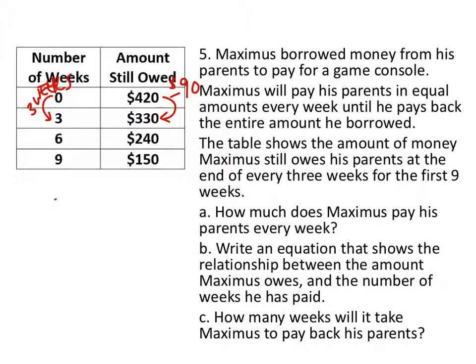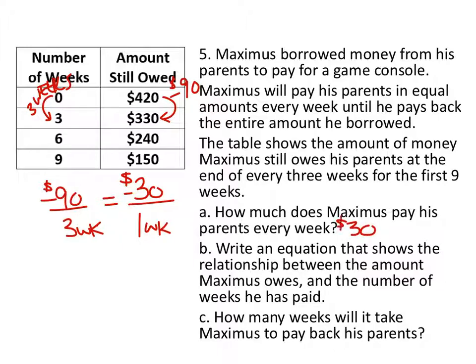So if he's paying off $90 every 3 weeks, then we'll reduce this to 1 week by dividing both the -90 and 3 by 3. So that'd be $30. We can show the negative if we want, but when we answer the question, we'll just say $30 per week.